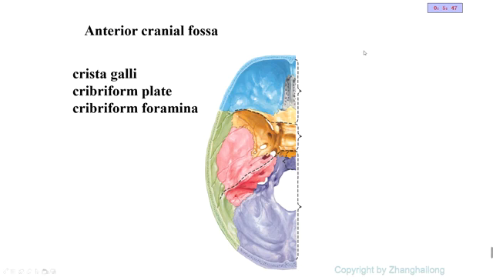And first, let's study the anterior cranial fossa. What structures can you see here? First one, crista galli. Just now I introduced the ethmoid bone. There is the crista galli, going upwards. Now let's see it again.